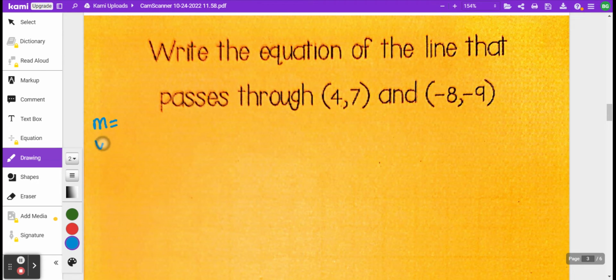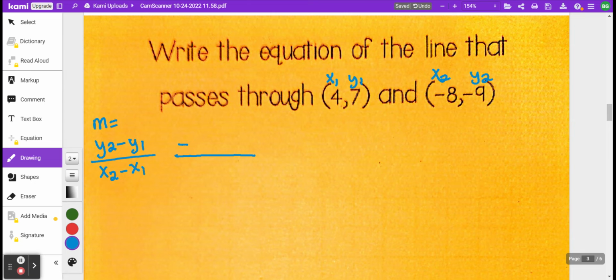When we're solving for slope, remember we're looking for that y2 minus y1 over x2 minus x1. So let's go ahead and label in those points. Once we've labeled, we can start plugging into our equation. y2 is -9 minus y1 being 7.